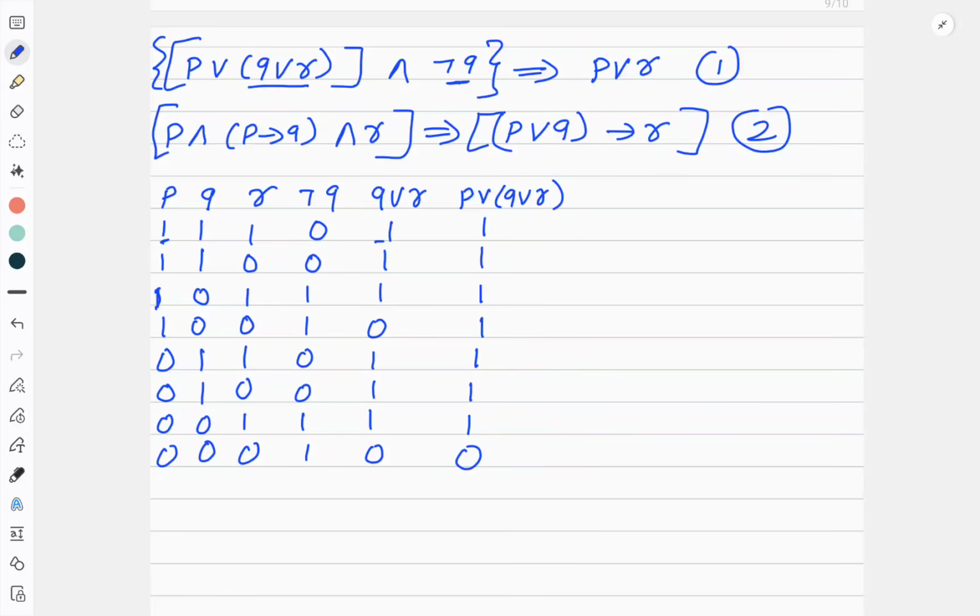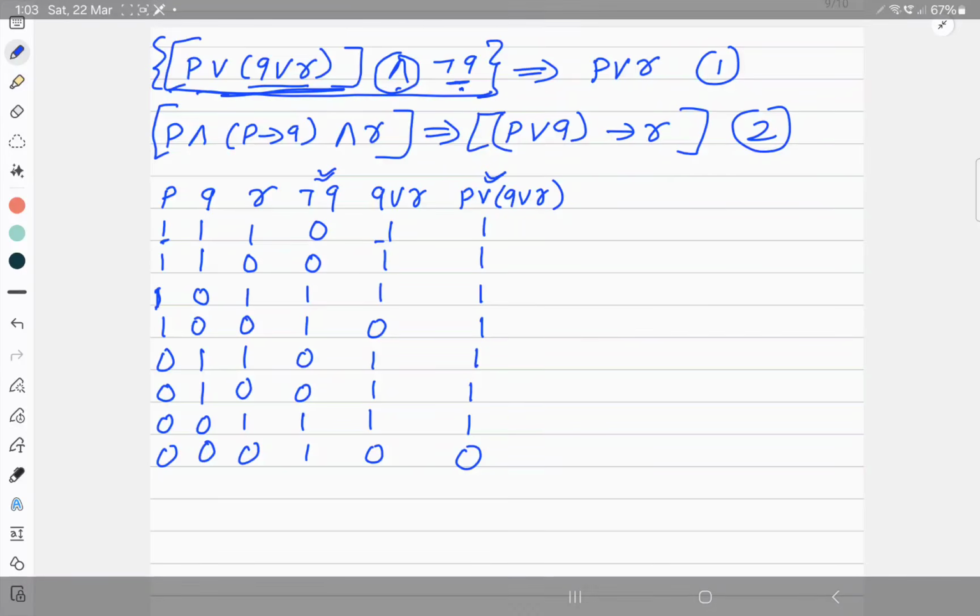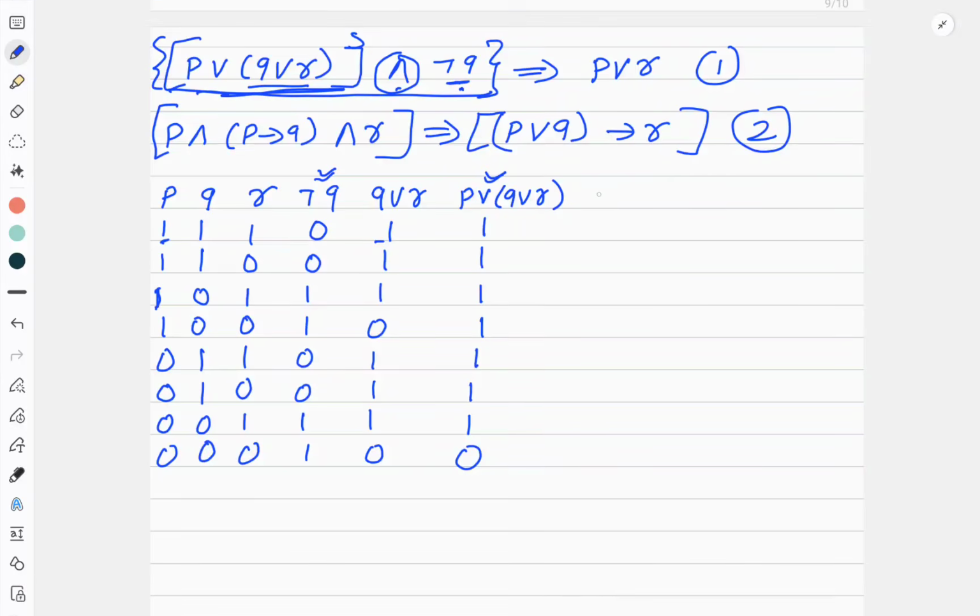Okay. Then I have this thing done and negation Q. So I need to see this column and the column of negation Q. Since in between I have and, I will write the value 1 only if both are 1. I don't want to write the big expression, so let me just write left hand side.